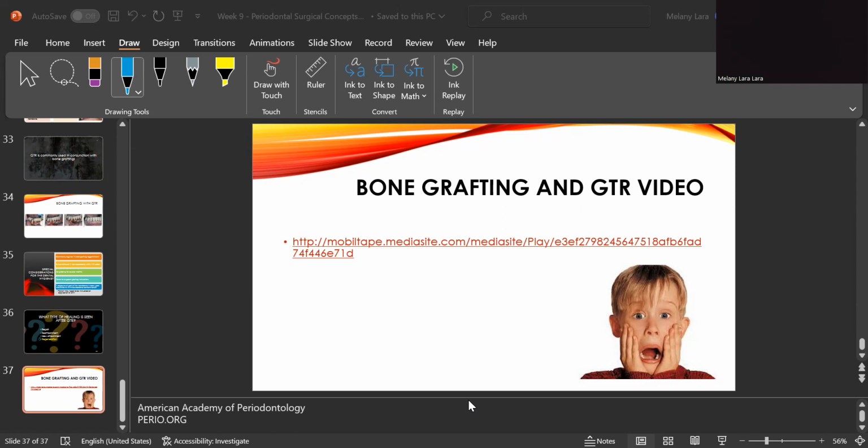The radiograph shows an infrabony defect of approximately 7 millimeters. You can see the extent of bone loss between the two arrows. The recommended treatment is the bone graft procedure. This course of action will promote the reformation of cementum, periodontal ligament, and bone, which has been destroyed by periodontal disease.